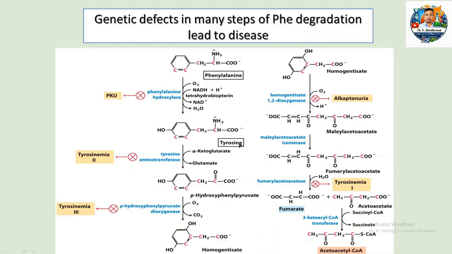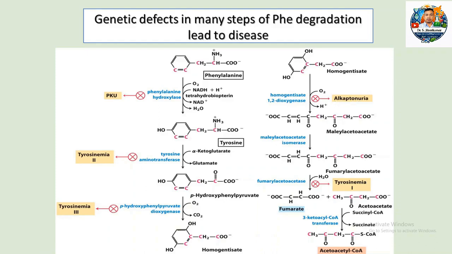Because if these reactions do not occur, what will happen? There will be accumulation of tyrosine. So the concentration of tyrosine in the blood will increase. That's why it is called tyrosinemia. So deficiency of these three enzymes may lead to tyrosinemia.